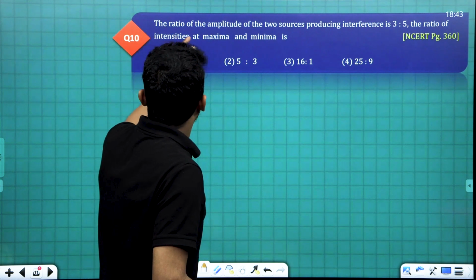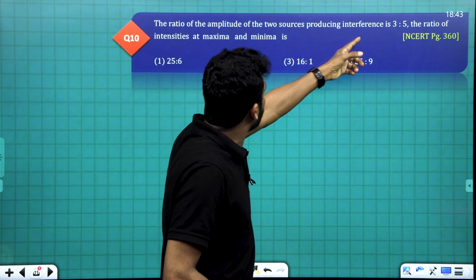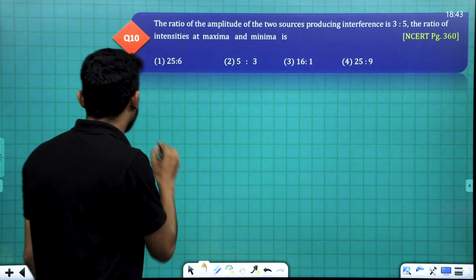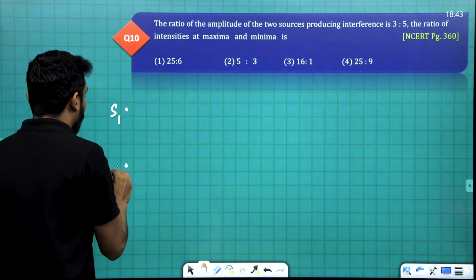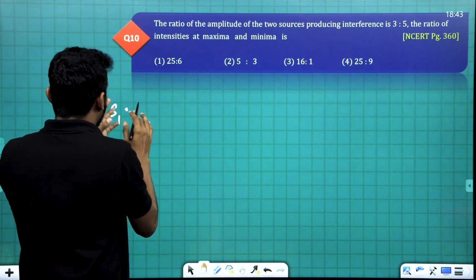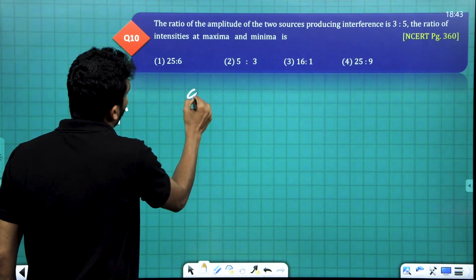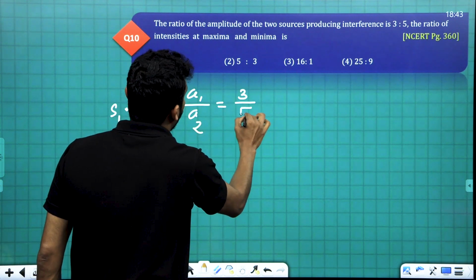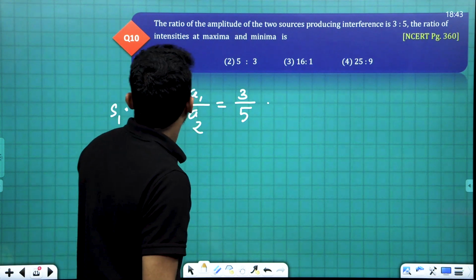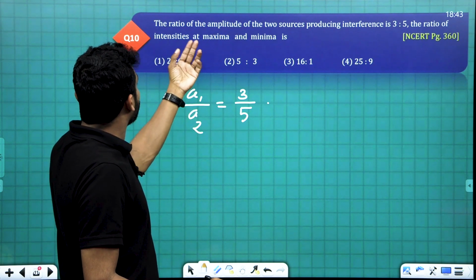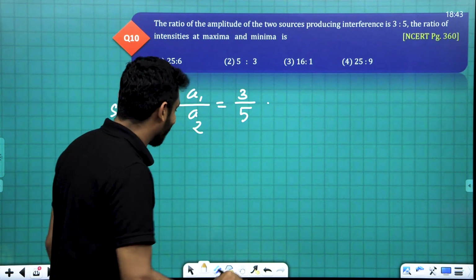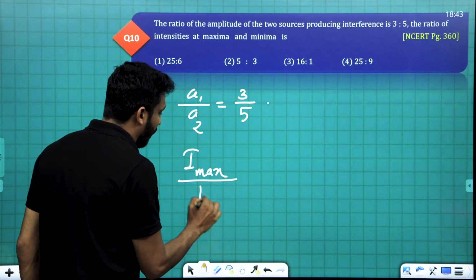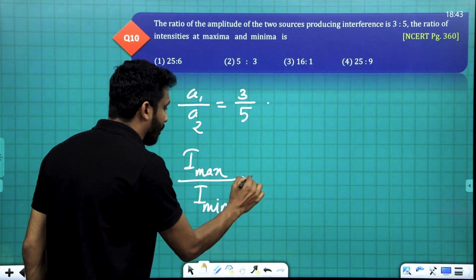The ratio of the amplitudes of the two sources producing interference is 3:5. Two sources, S1 and S2. The waves coming from these two sources have amplitude ratio A1 by A2 equal to 3 by 5. What is the ratio of I max to I minimum in the interference pattern?